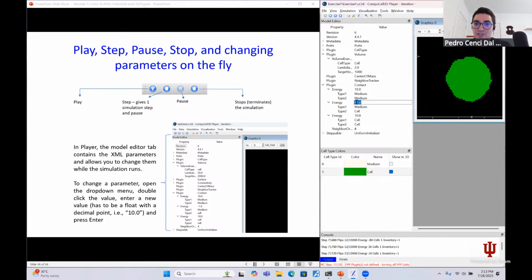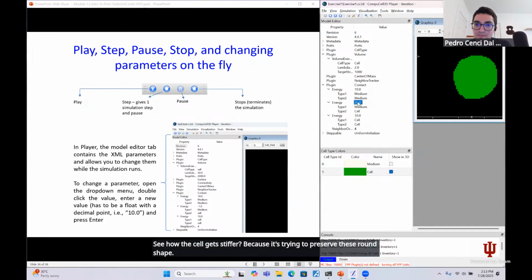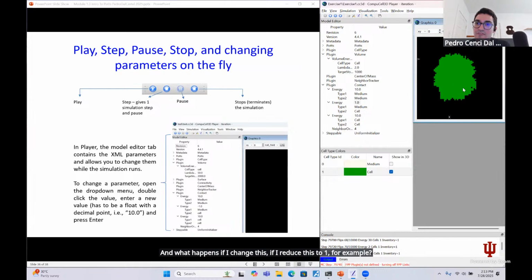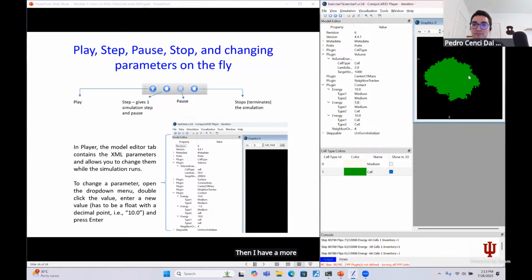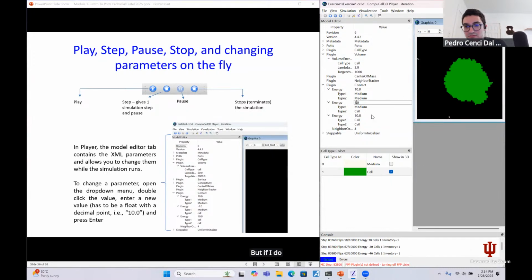Then if I change the medium cell energy, let's say if I do 20, see how the cell gets stiffer? Because it's trying to preserve this round shape. And what happens if I reduce this to 1, for example? Then I have a more amorphous cell. This is more like the second case. But if I do 0, I have a very amorphous cell, right?